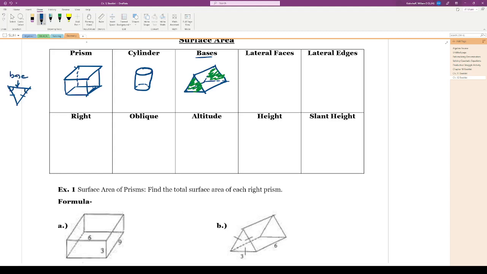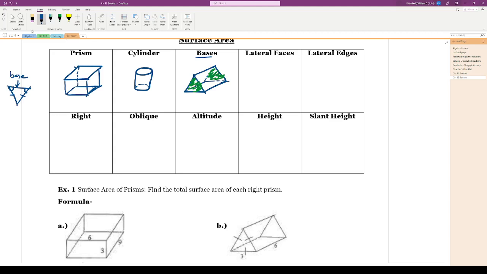So my bases are my two congruent shapes. With rectangular prisms, it's kind of tough to know what the base is because all pairs of opposite faces are congruent polygons. So with a rectangular prism, you kind of need to be told what the bases are. But for any other shape, it's the two things that aren't the rectangles, basically.